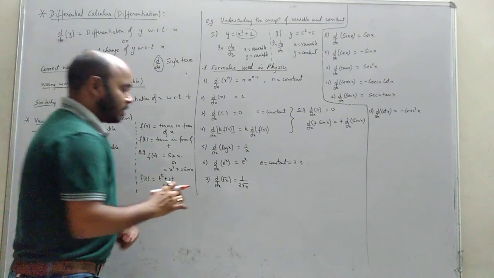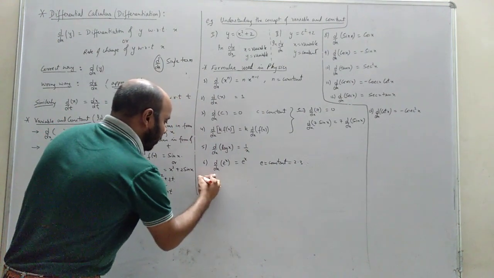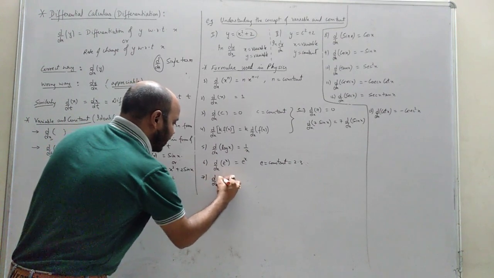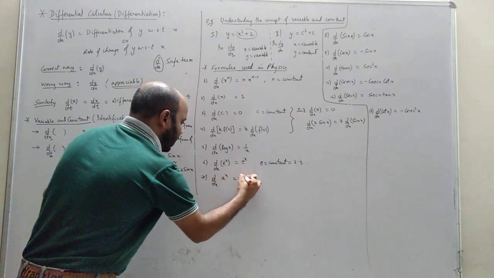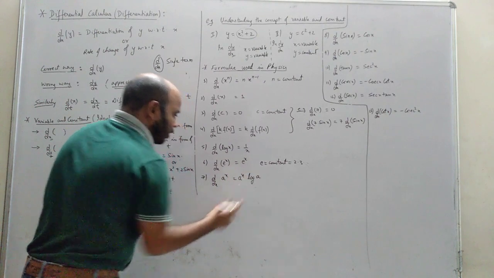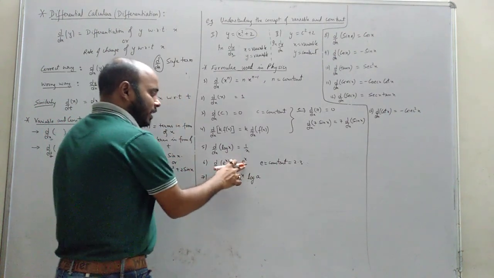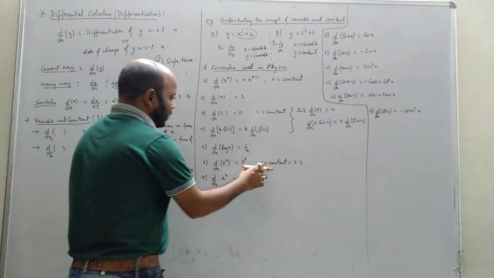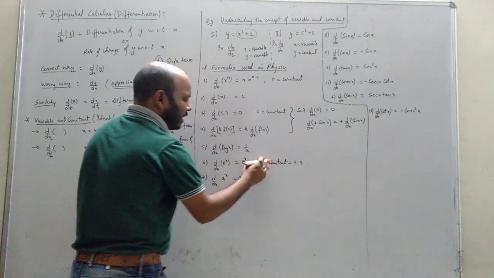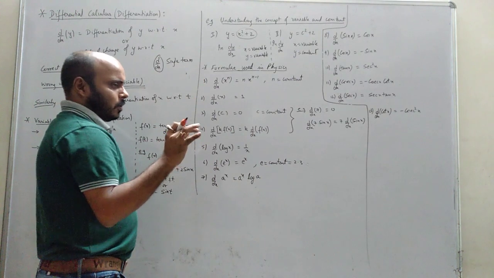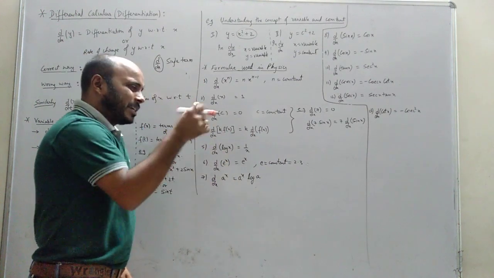Okay. Now similarly, we have one more formula. d/dx of a to the power x is a to the power x log a. Now try to understand the difference between these two formulas. Here e is a constant which you know, 2.3. Okay, e is a constant with a fixed value.